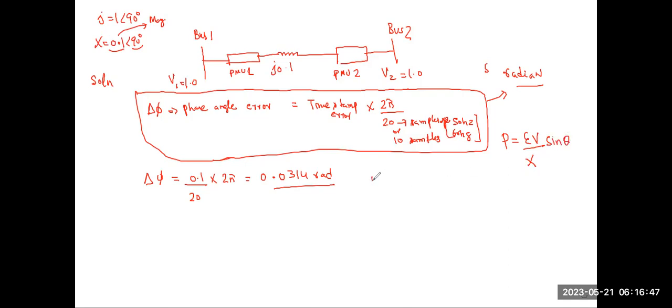The P value he is mentioning is 5 per unit. He is only dealing with per unit and does not want it converted into the actual value; he is referring to it in terms of the base value. So the final answer is also in per unit only, not in any base value.